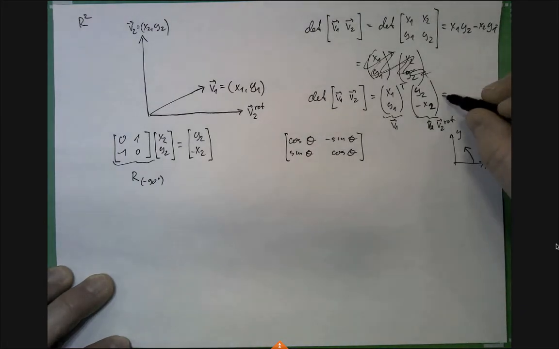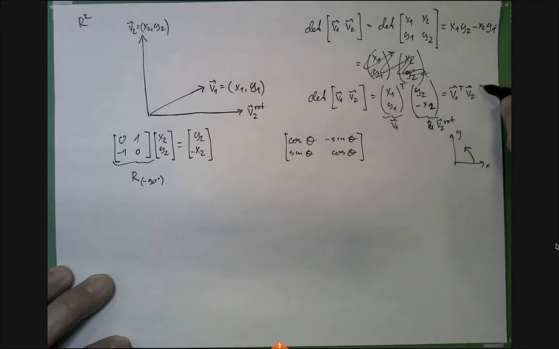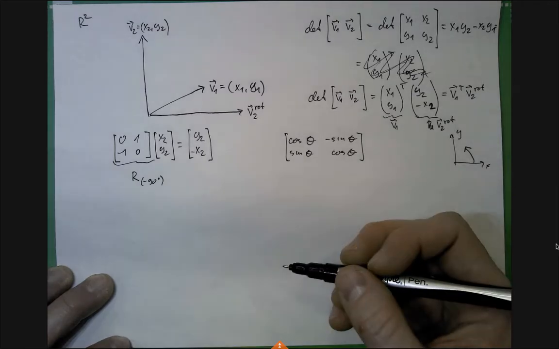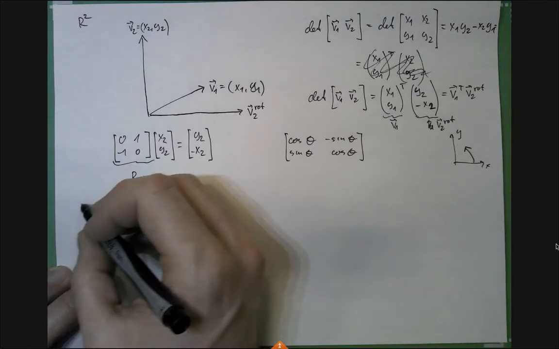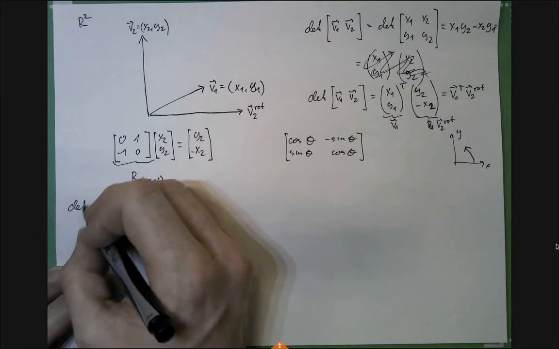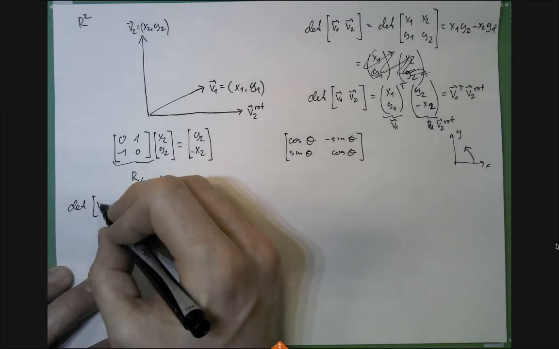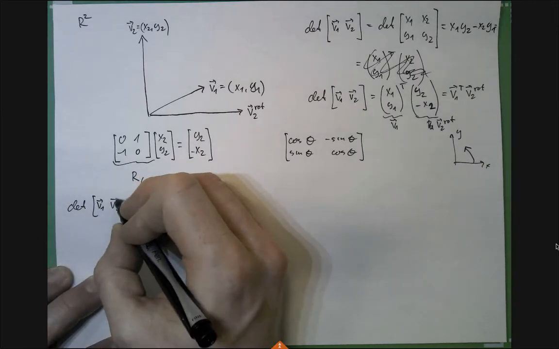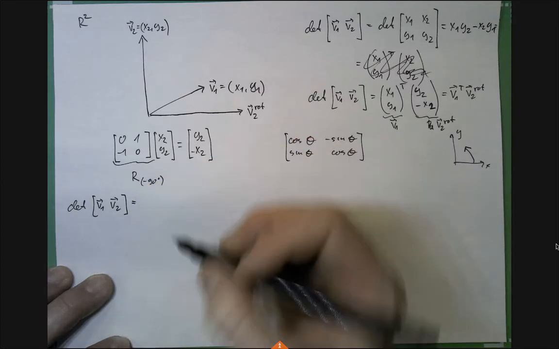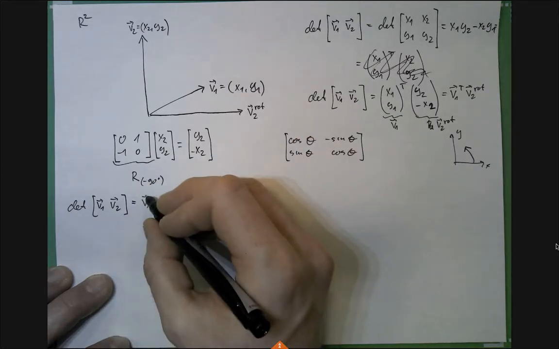And here, let me write it in terms of the v's. That's a dot product of these two vectors, right? Well, we know what the dot product is, right? So let me write it again here. The determinant of this matrix V1, V2 is this dot product.